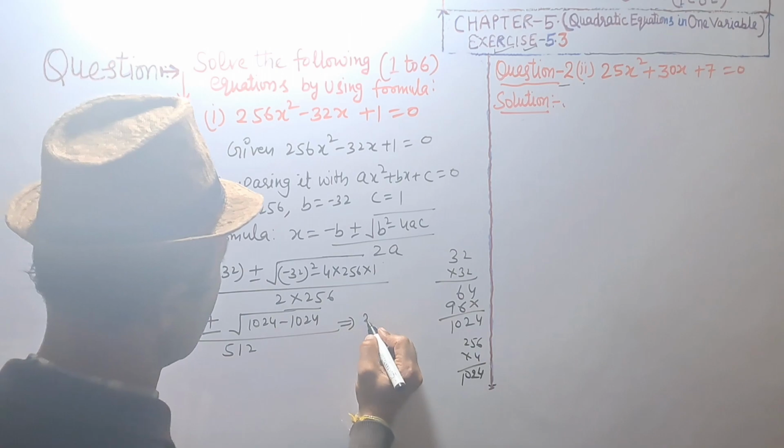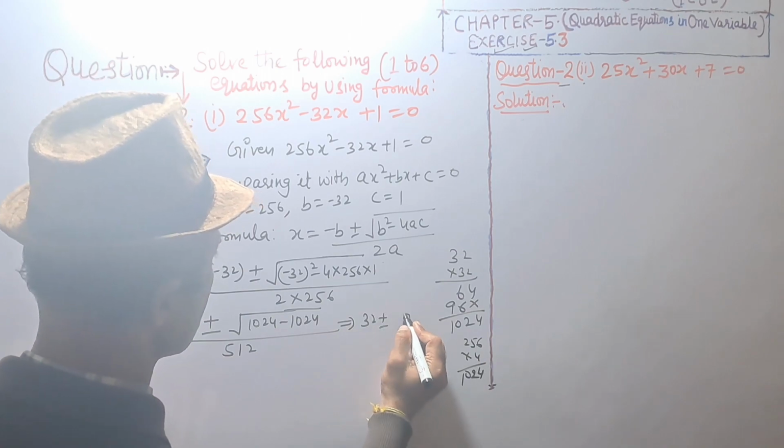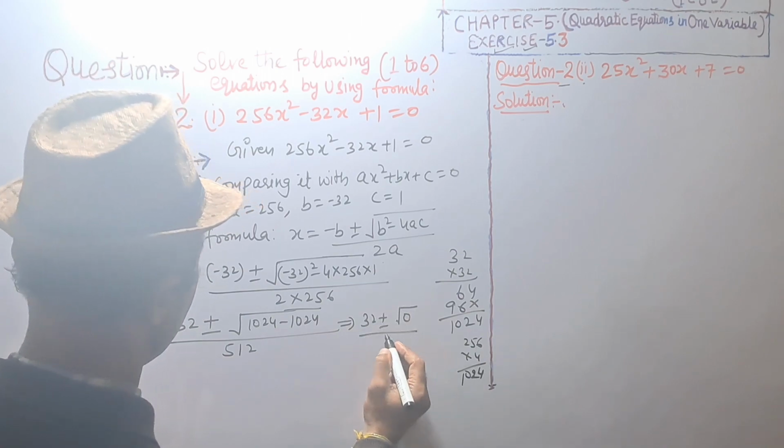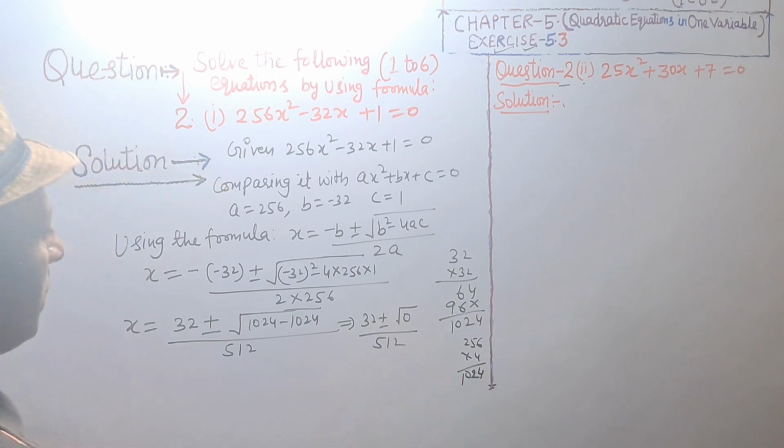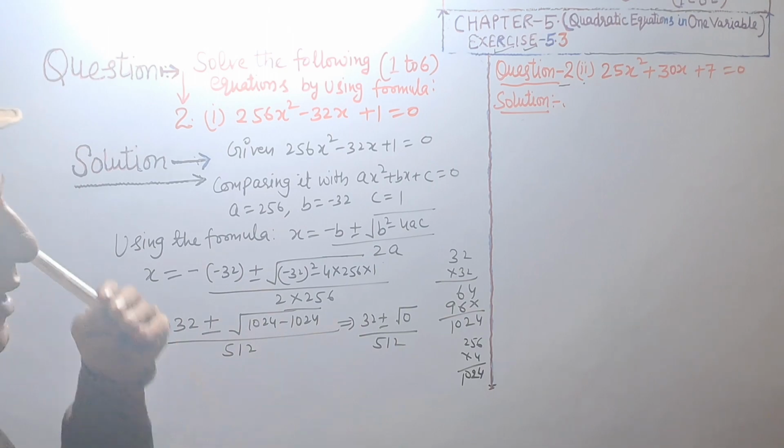This implies 32 plus minus that will be 0 divided by 512. 1024 minus 1024 that is equal to 0.